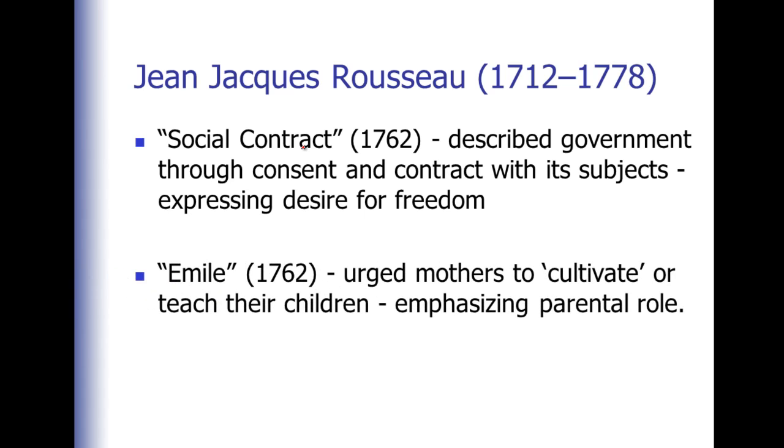He had this Emile, which urged mothers to cultivate or teach their children, emphasizing the parental role in this. Can I ask you to do this too? I want you to look this up, The Social Contract of 1762 by Rousseau. And here's a one-liner, but give me one more line about the origin of that.